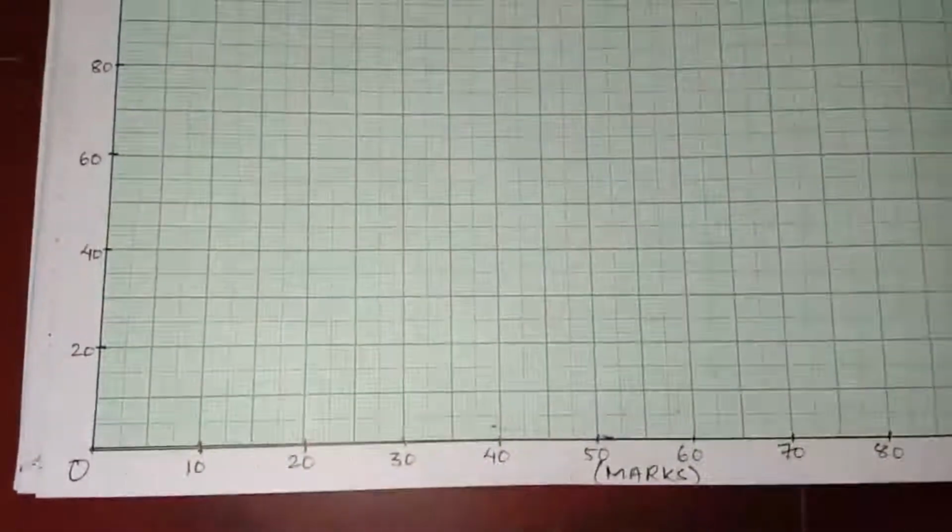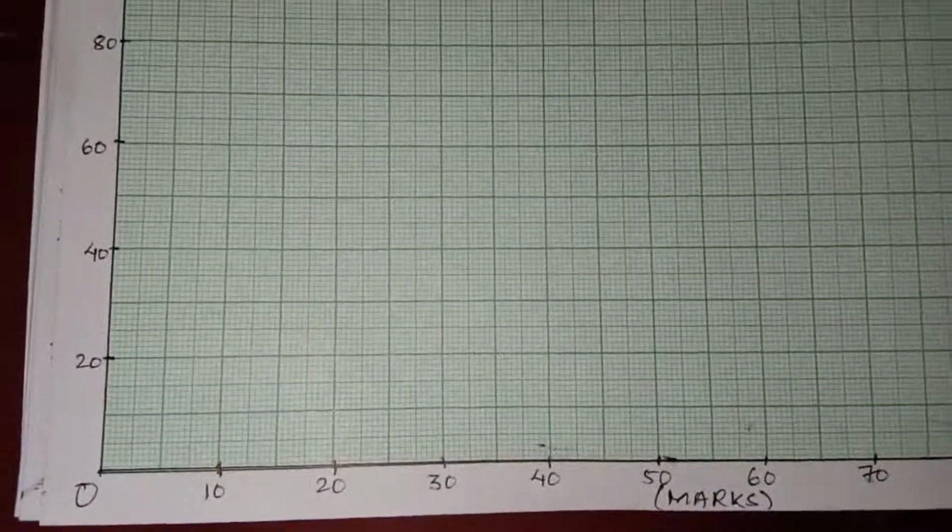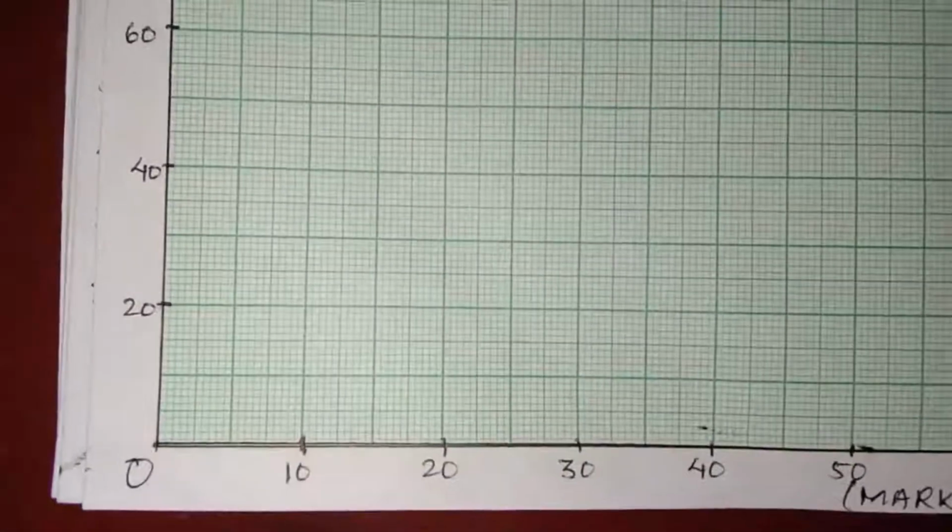Now we will plot the points. First point is 10, 5.